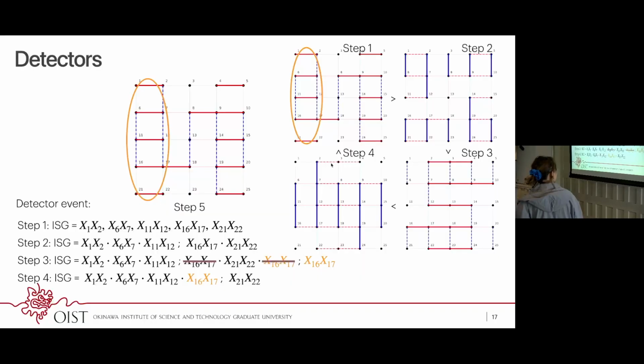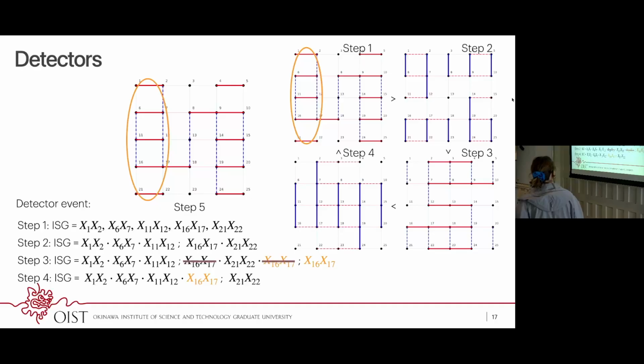In time step 3, we again perform the XX pair measurements, but this time only on qubits 16 and 17. These measurements split the previous stabilizers into 2 stabilizers: X21, X22 from the first time step, and X16, X17, the newly measured X pair.